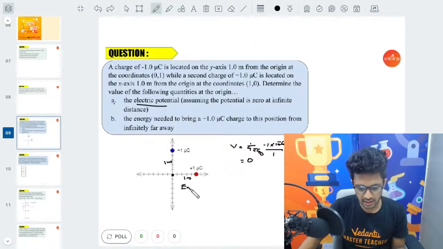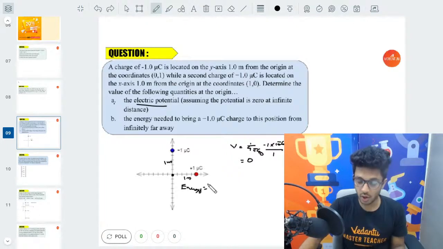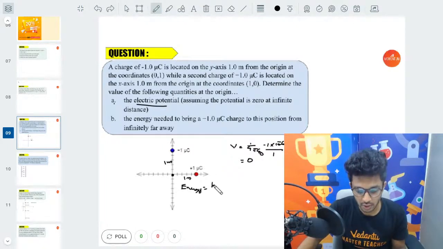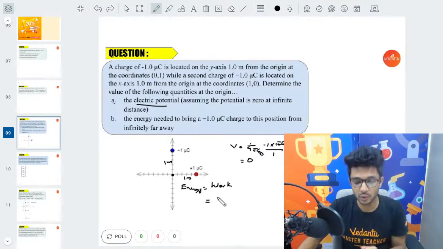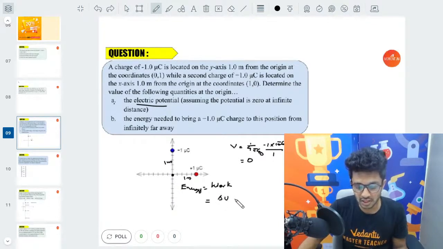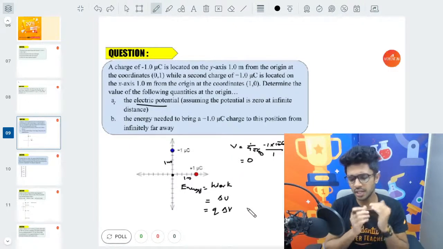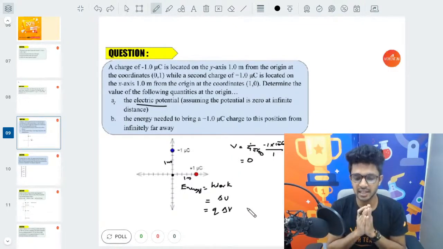So the energy required is always for what? In order to do the work, right? And the work done is always equal to the change in potential energy. And how will you write the change in potential energy? The charge into change in potential. We already have a very good basic idea regarding this.